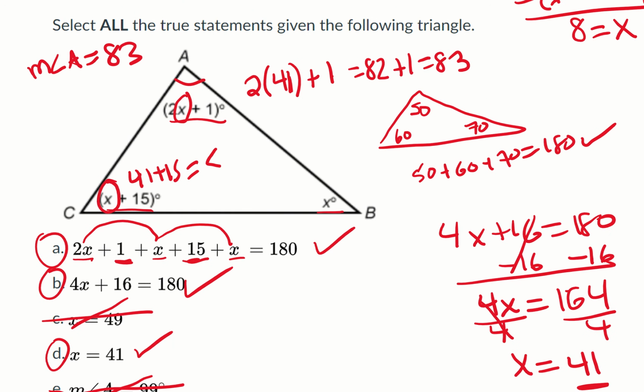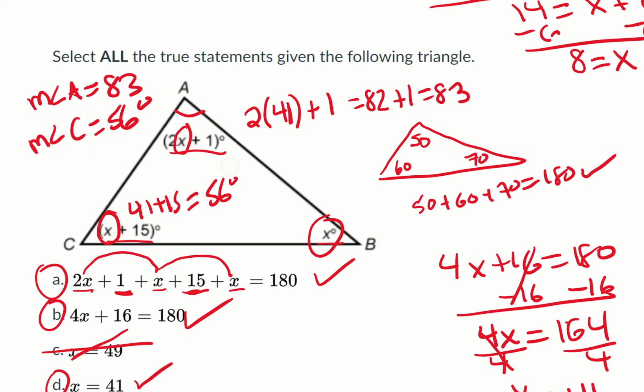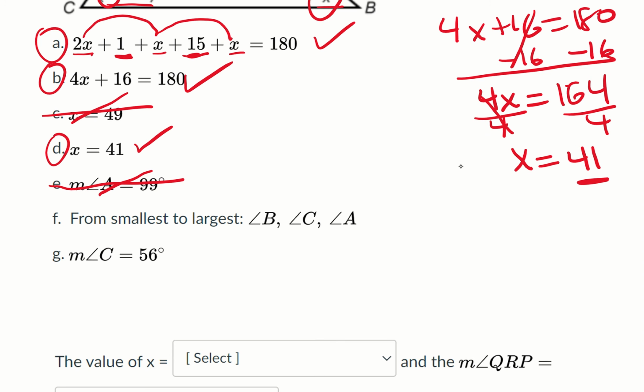So 41 plus 15 is 56 degrees. So the measure of angle C is 56 degrees. And then x is just 41, right? So the measure of angle B is 41 degrees. All right, so B is smaller than C, and C is smaller than A. From smallest to largest, B, C, and A. So that's true.